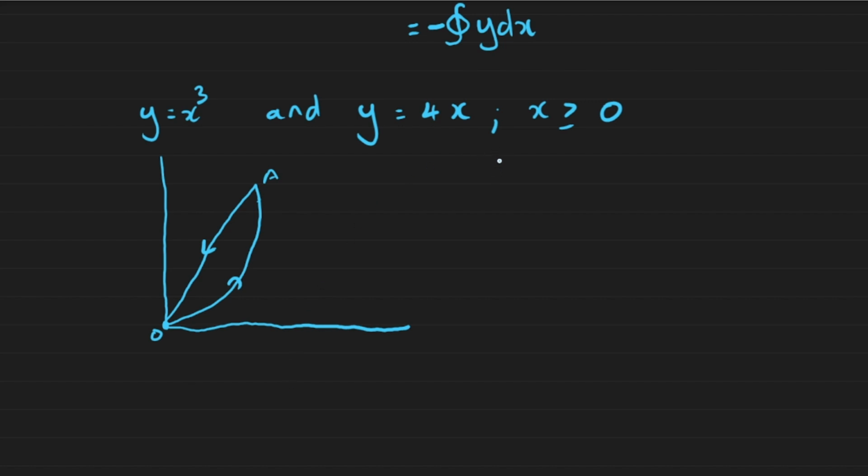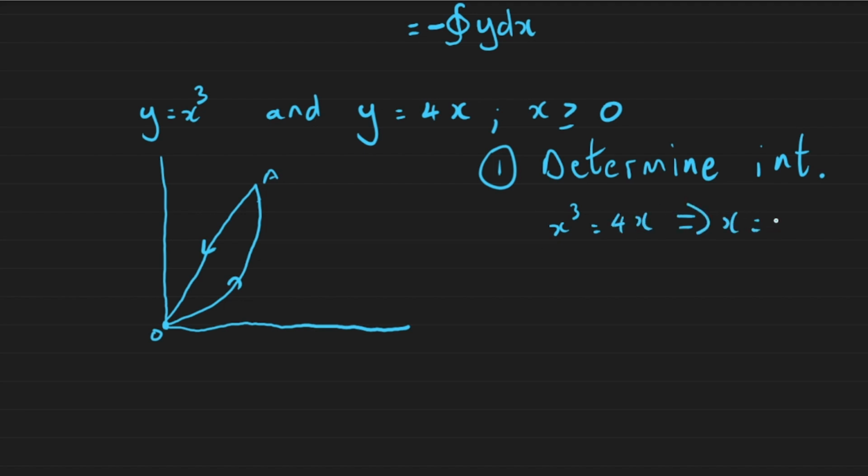So the first step that we need to do is determine the intercepts. When we do that, we just need to set x cubed equal to 4x, and then we easily see that x is equal to 2. And of course 0. So the intercepts are basically 2 and 0.